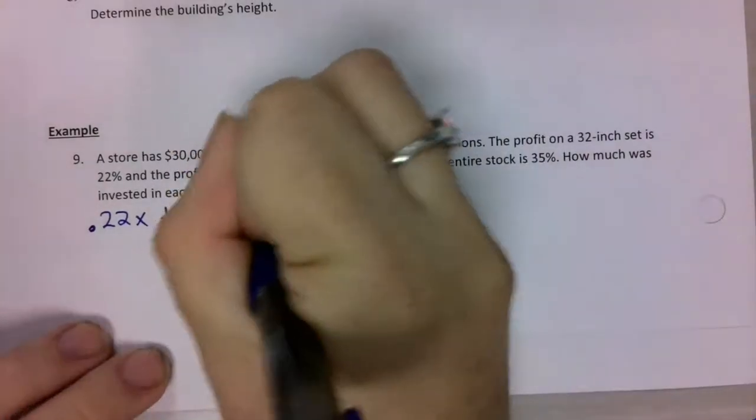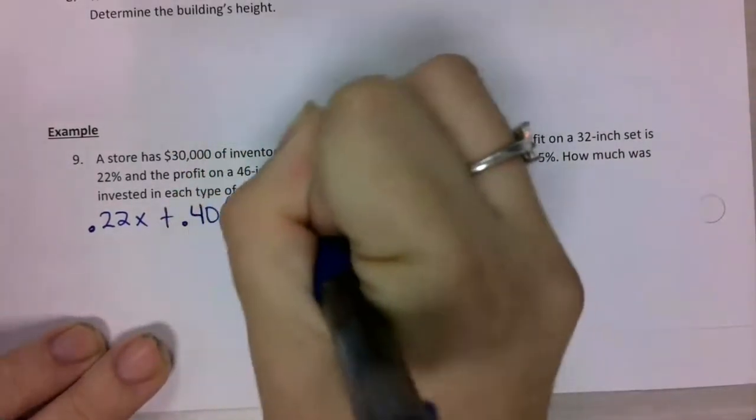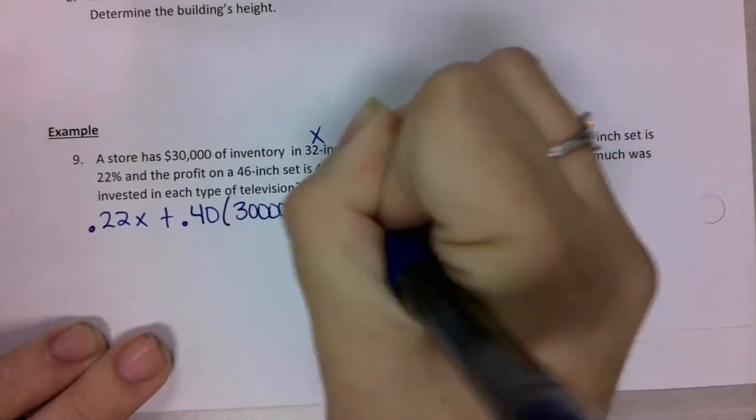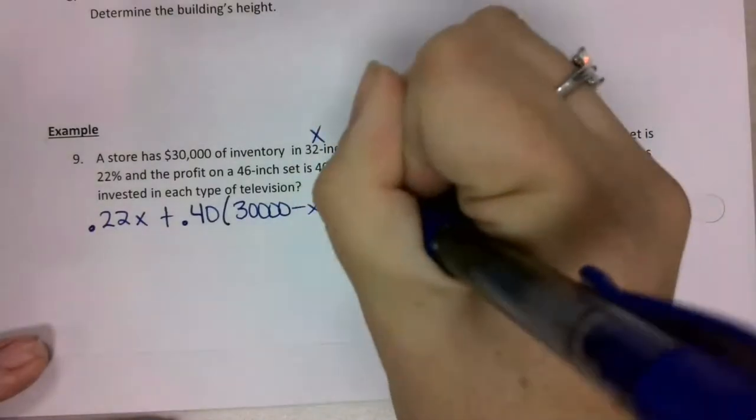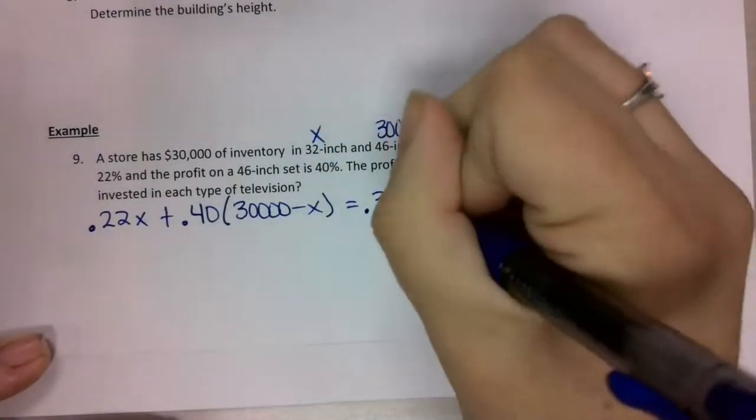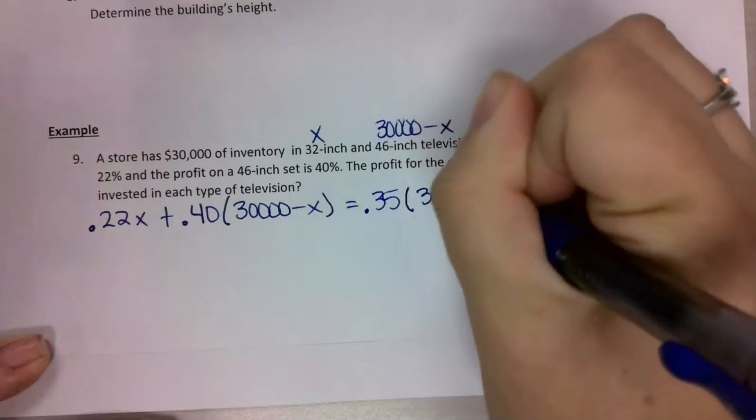So I'm going to do 30,000 minus X. Okay. Then it says the profit for the entire stock is 35%. So 0.35 as a decimal. And they spent $30,000 on everything.